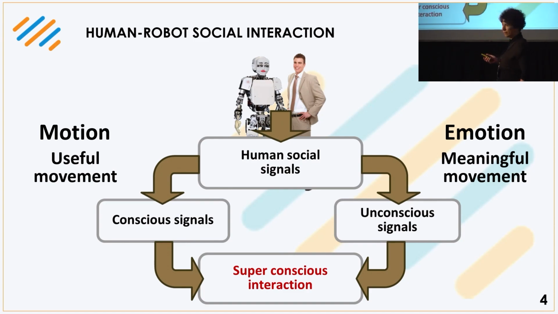I worked with humanoids, but this applies to any type of robot and also maybe virtual agents like ChatGPT. So we want the robot to express emotions, to be able to interact with humans at a conscious level, direct level, but also at an unconscious level to have a natural interaction.